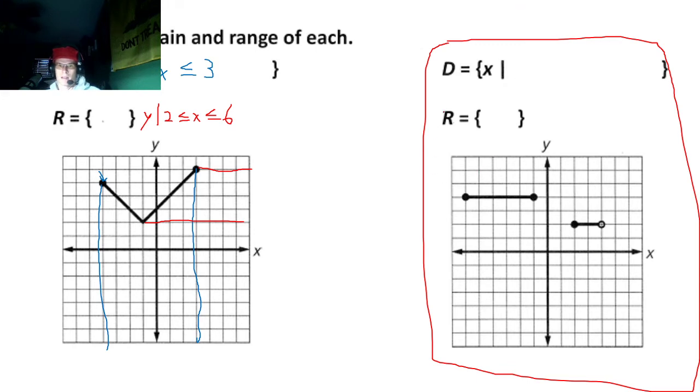All right. So, your domain for this one is x such that, they start with x such that, -1, 2, 3, 4, 5, 6. So it starts here. -6 is less than or equal to x is less than or equal to -1.